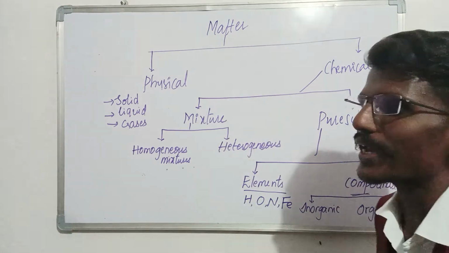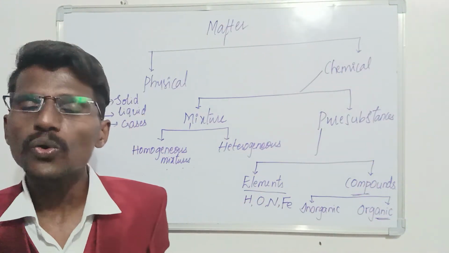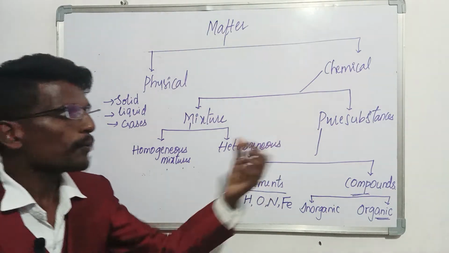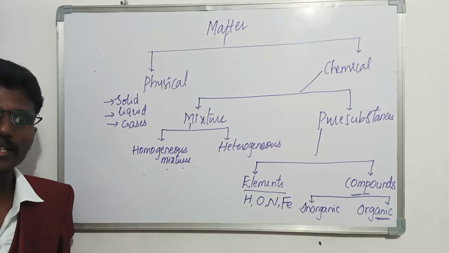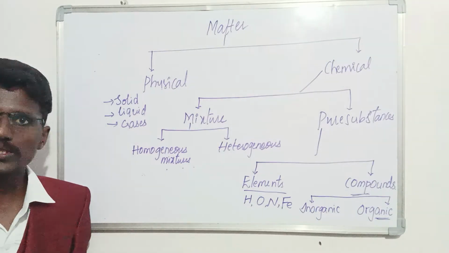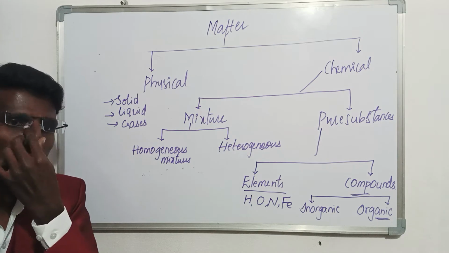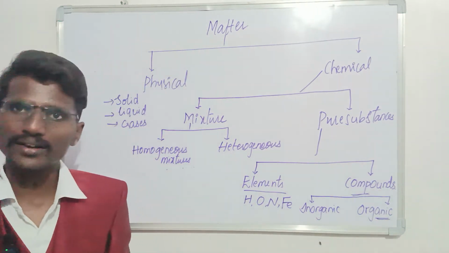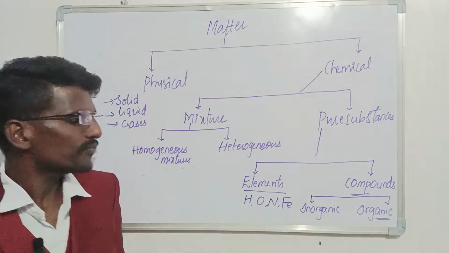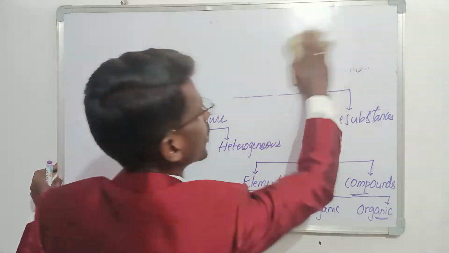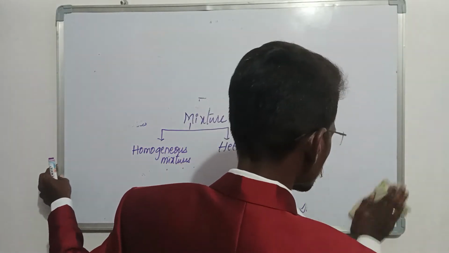Mixtures are again classified into homogeneous and heterogeneous mixtures, and pure substances into elements and compounds. These compounds are again classified into inorganic compounds and organic compounds. Then we are going to discuss what inorganic and organic compounds are.